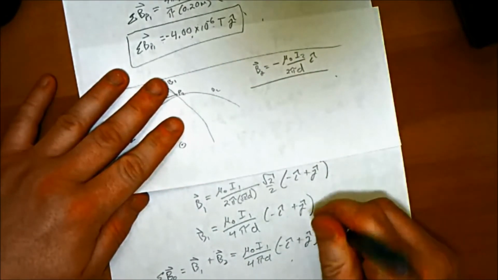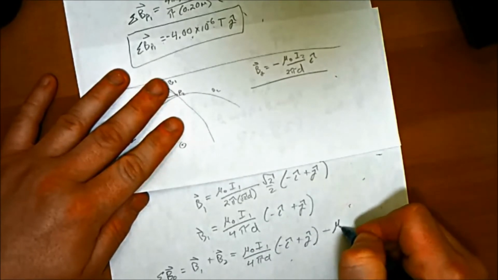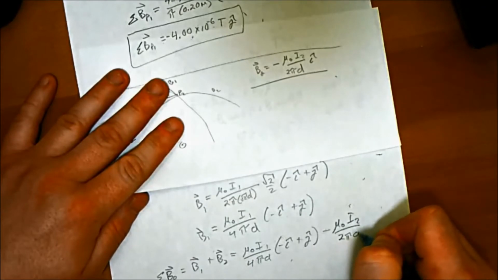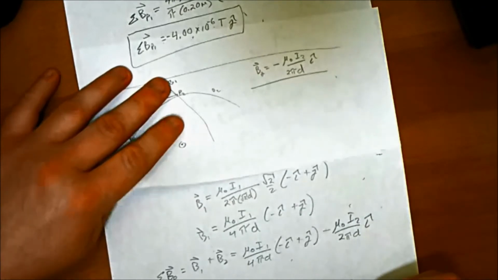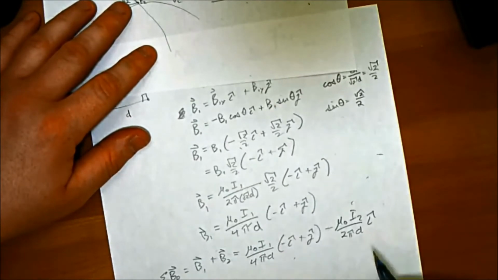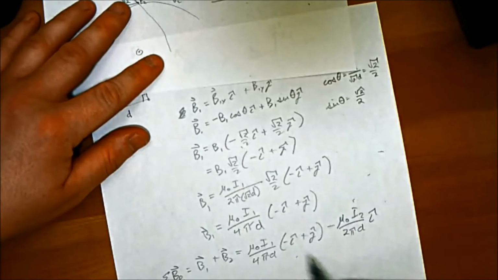So it's going to be a minus mu naught I2 over 2 pi d I hat. So now I can factor stuff up, make this a little nicer. Common to every term is mu naught over 2 pi d.